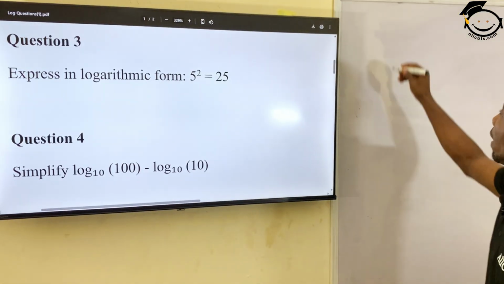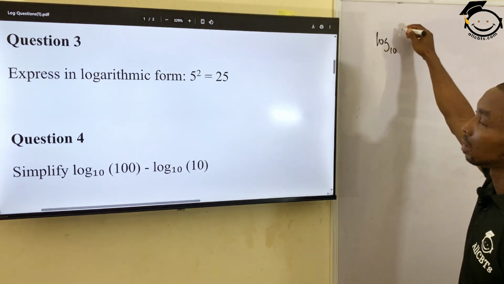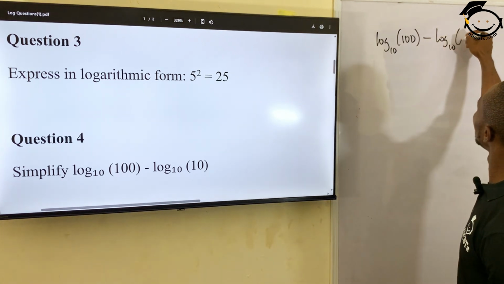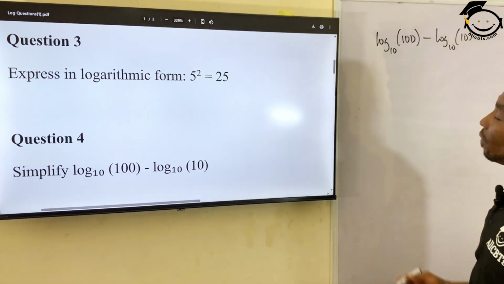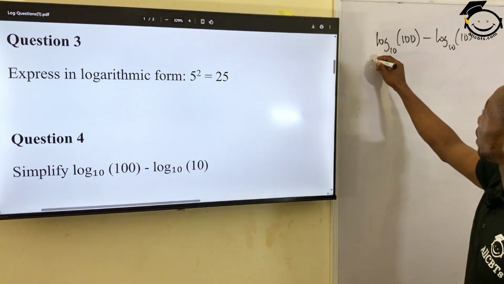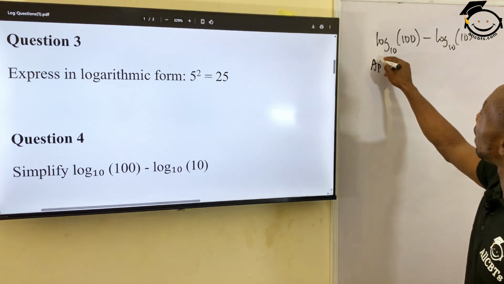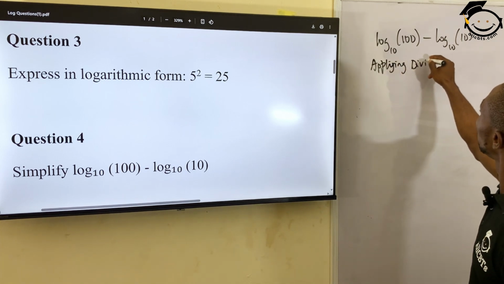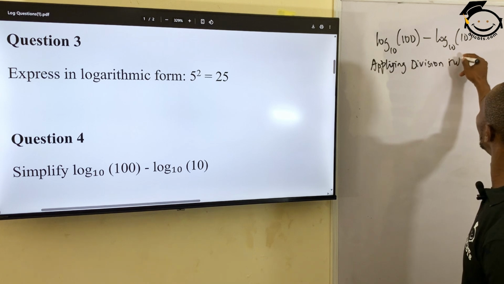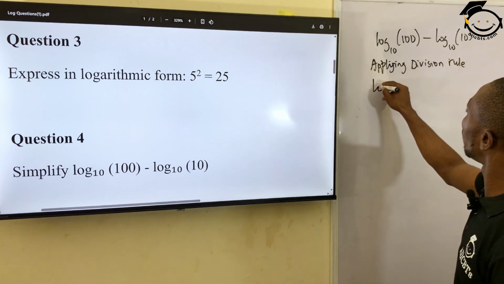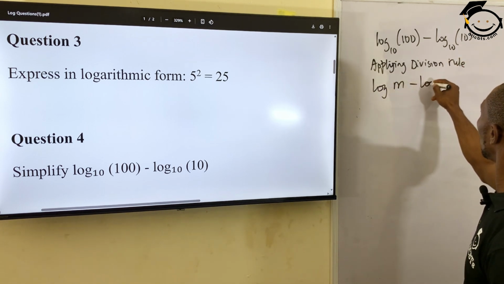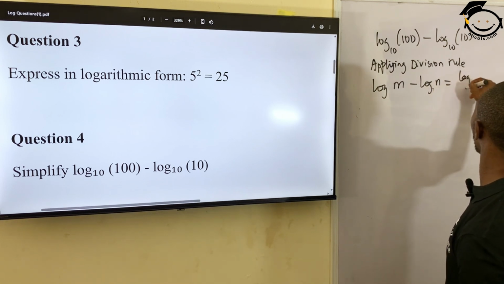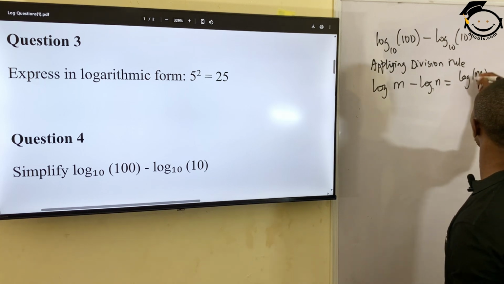Simplify log₁₀100 minus log₁₀10. Now, let's apply our division rule, which says that if you have log m minus log n, it's the same thing as log of m over n.